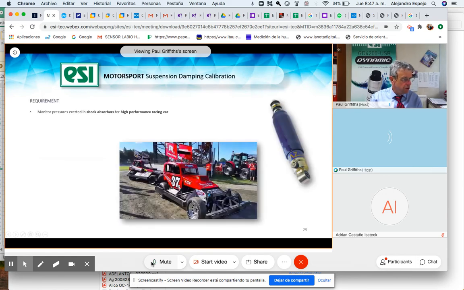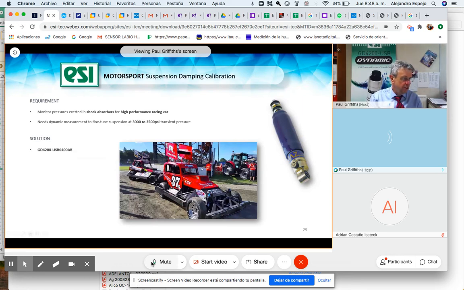This one was our first application for the dynamic USB. The dynamic USB will measure 1,000 readings per second, so it's very fast.